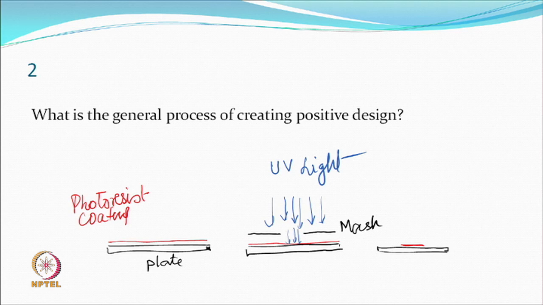So, this is a mask, which could be a tracing paper or whatever, so light cannot come from some areas and the light can come from some areas. Wherever the light comes, that portion is going to be hardened, let us say it is a photoresist, and it is sticking, and when you wash it off, other portions will go and only this will remain.